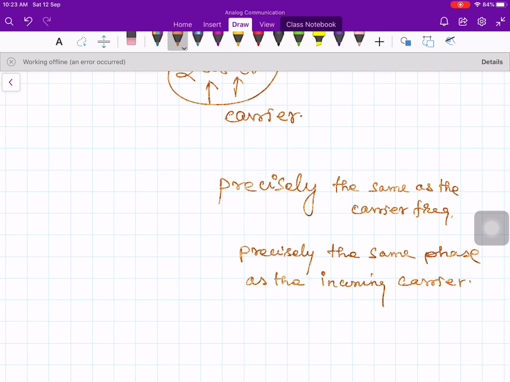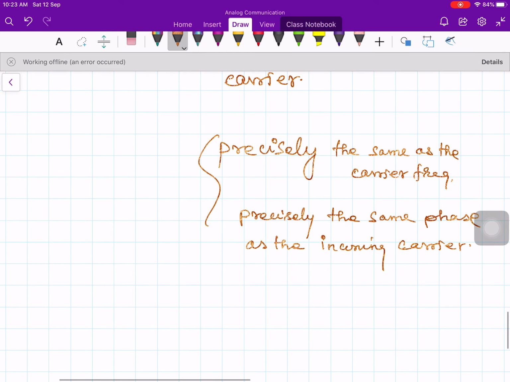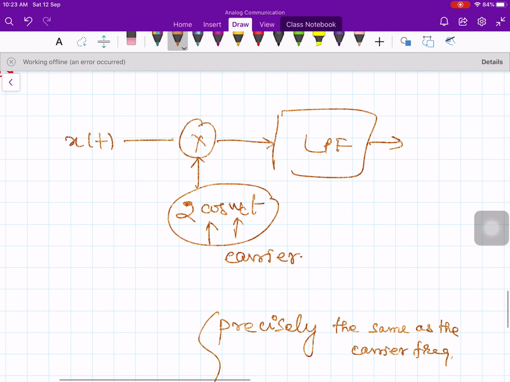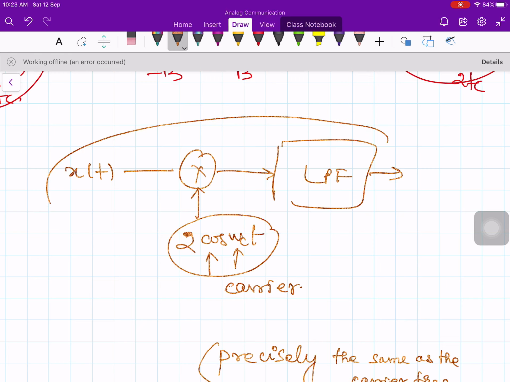There is a concept called synchronicity. If these two are matched, that is called synchronicity between the transmitted carrier and the local carrier at the receiver. So this is also called synchronous demodulation. Why is it synchronous?